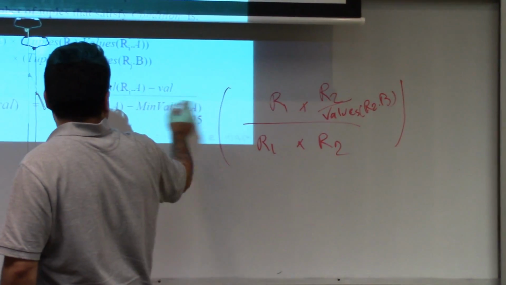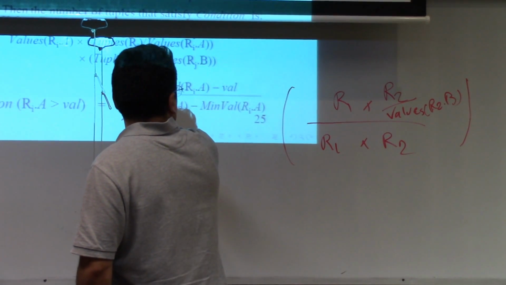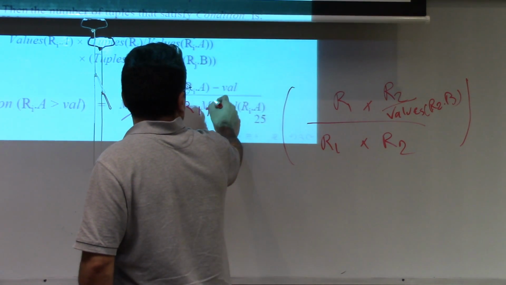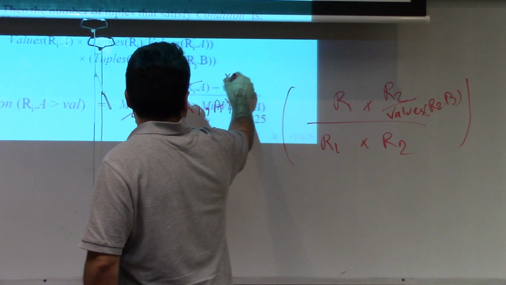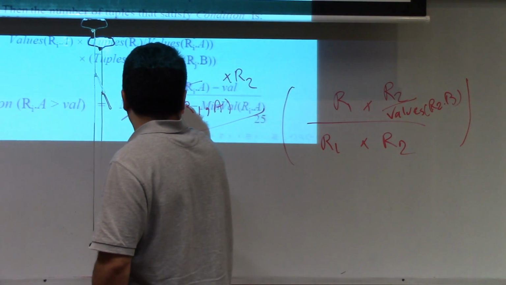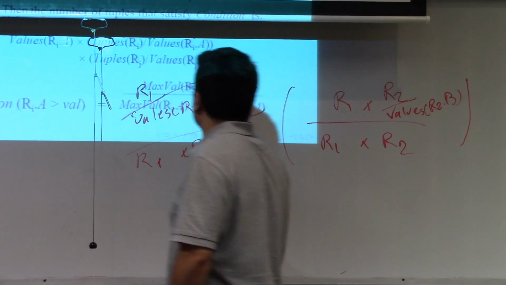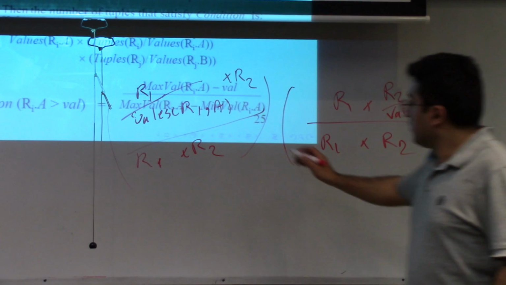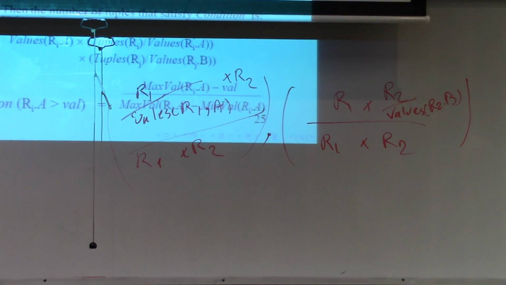We have R1 number of records. Out of that, how many distinct values do you have? This is Professor ID, R2. Which one is the minimum between these two numbers?